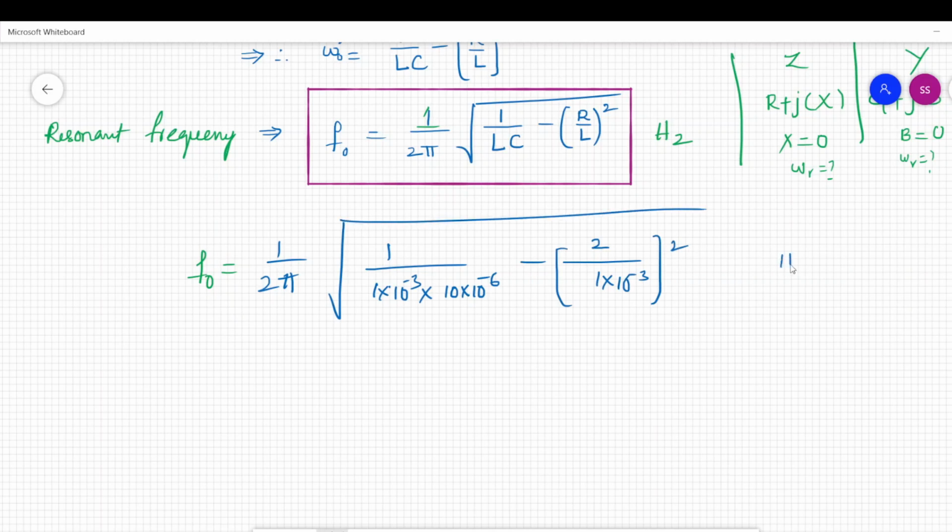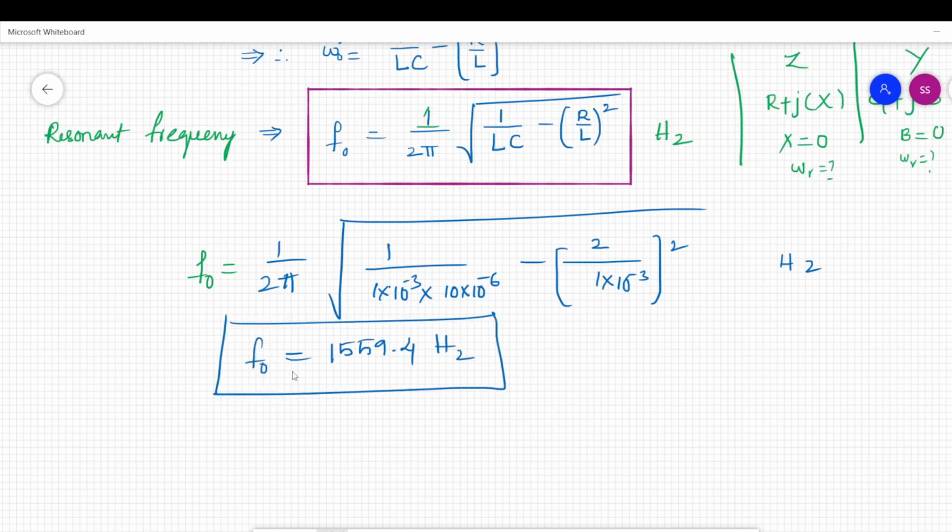In hertz, the value obtained after calculating this is 1559.4 hertz. This is the resonant frequency of the given circuit, F0 or FR.